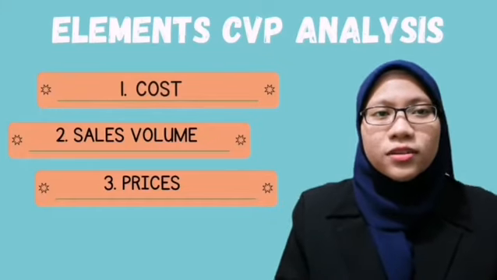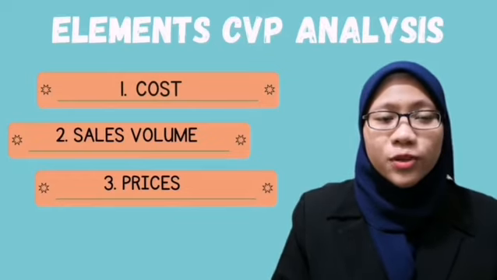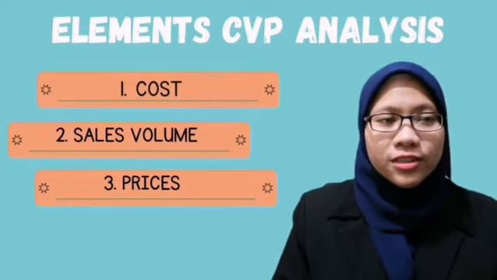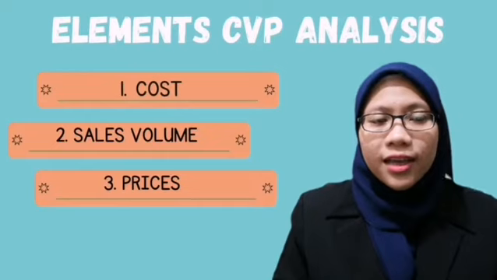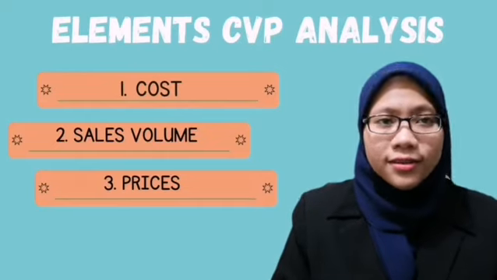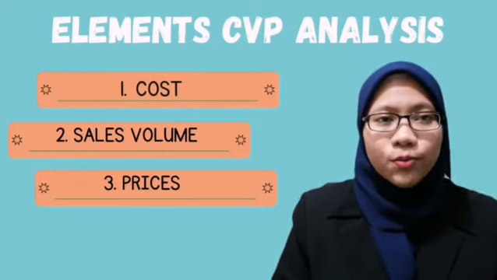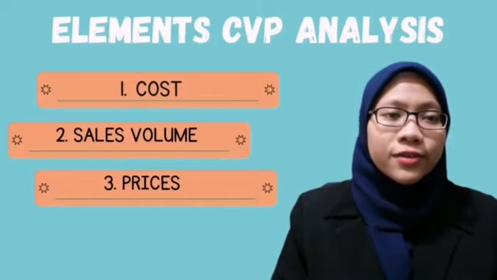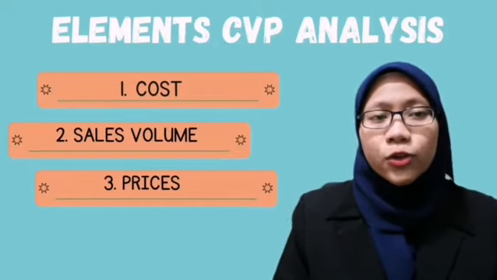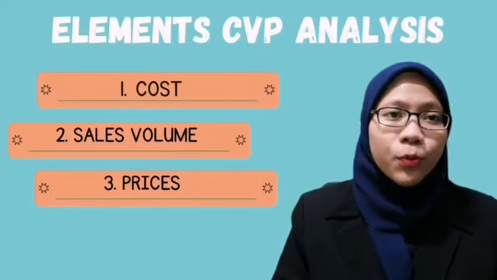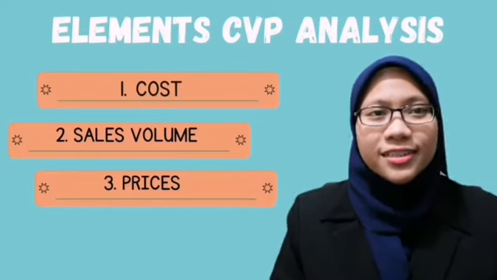This analysis consists of three important elements: the first is cost, the second is sales volume, and the third is price. All of these elements are required to calculate the break-even point and the contribution margin.